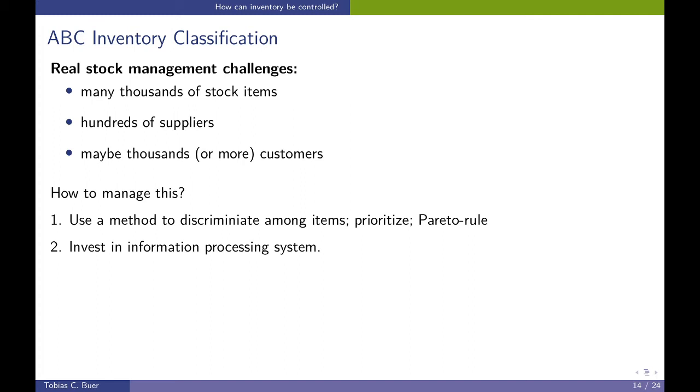So how to manage this? We need to find something that helps us to identify priorities. We cannot spend an equal amount of time on every item. We need to focus our time on the most important items, and we of course want to spend less time on the less important items.